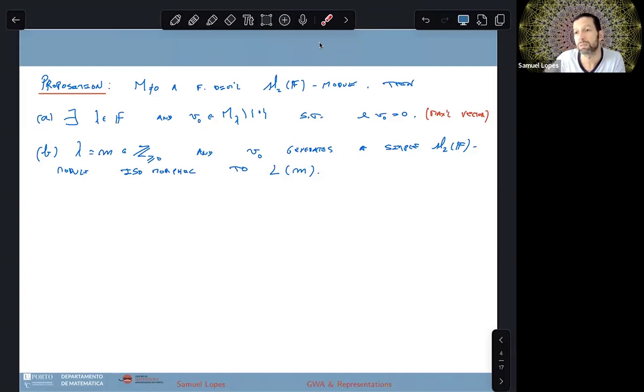The vector on the right was always killed by E because E was moving to the right and it couldn't move anymore to the right, so it was killing that right-hand vector. And we're going to show that this will always be the case.